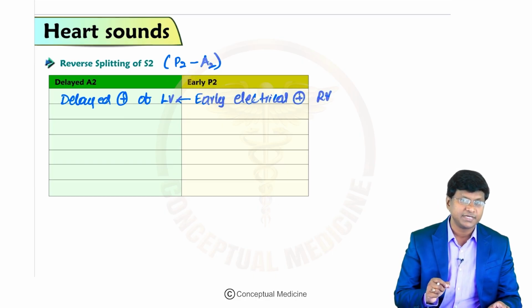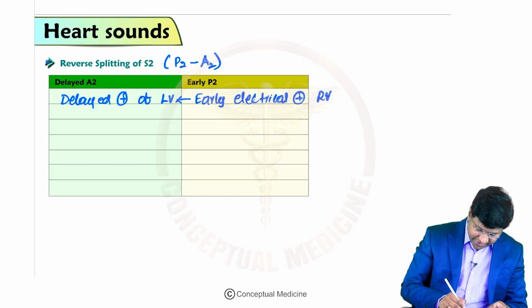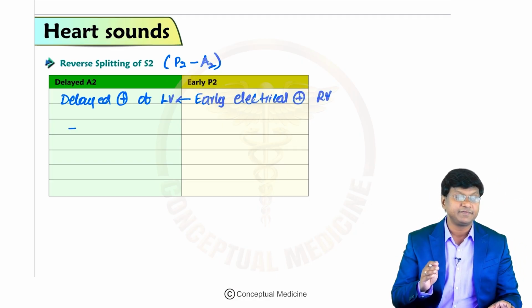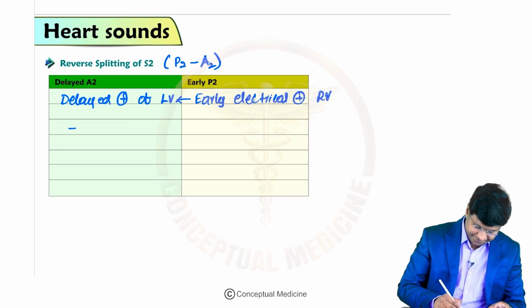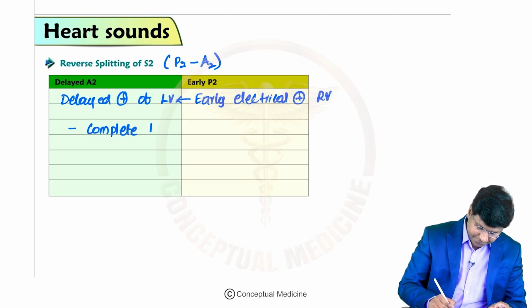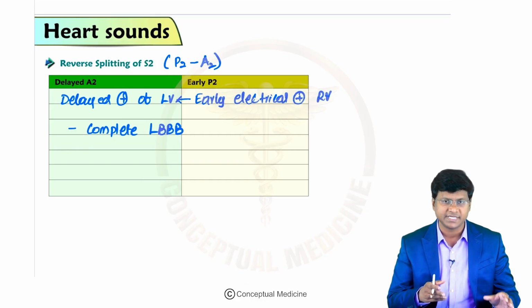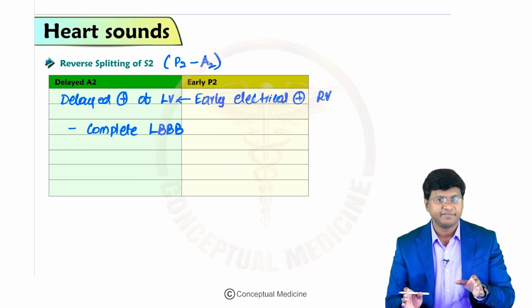Where will you come across these scenarios? In patients with complete left bundle branch block. The concept is simple here. In left bundle branch block, both ventricles don't contract simultaneously.